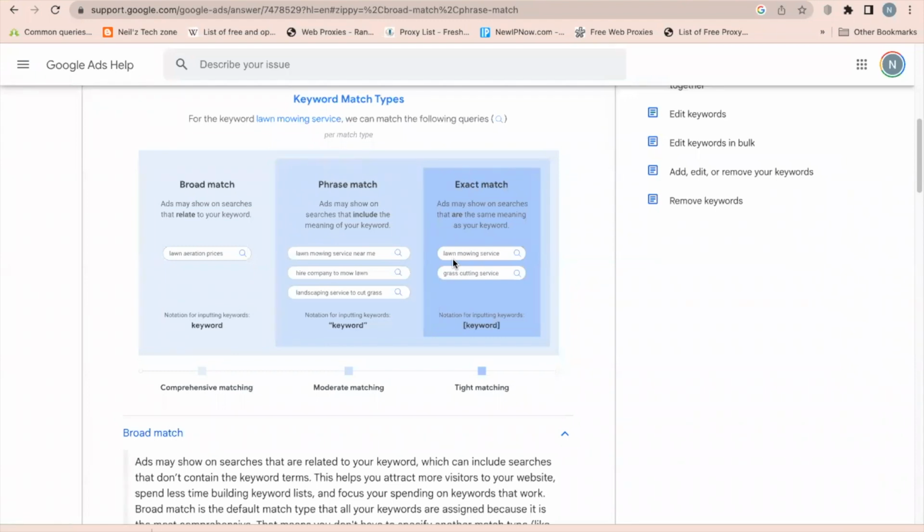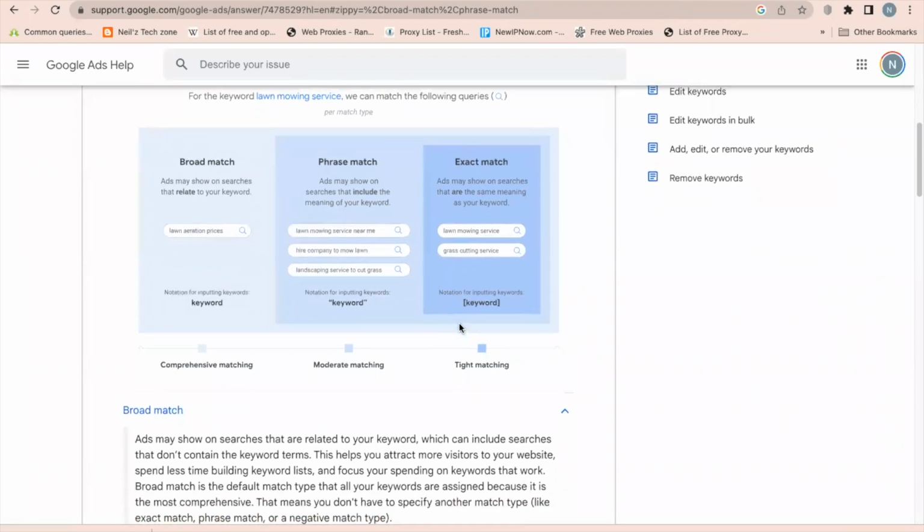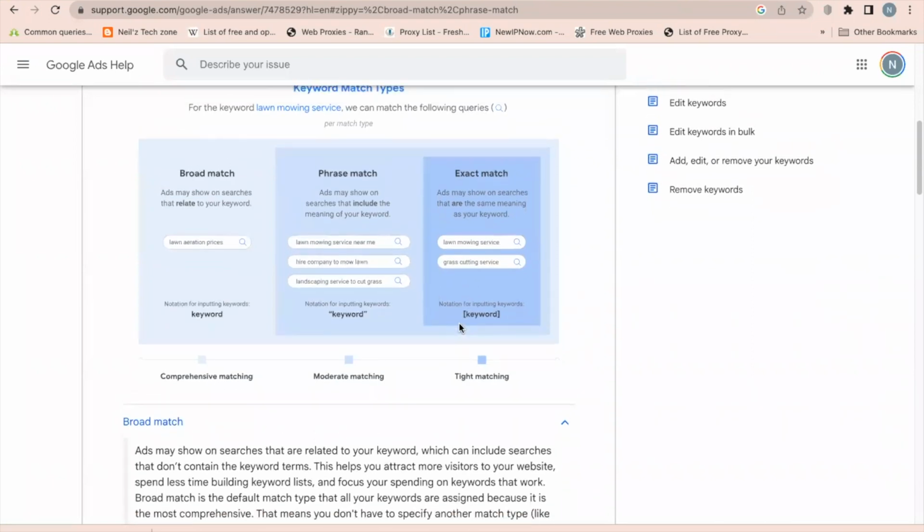In exact match, synonyms and variations are also allowed, but they will be very near to your keyword. So in terms of volume, broad has the highest, phrase has moderate, and exact has the lowest volume. But in terms of relevancy, exact has the most, phrase has moderate, and broad has very loosely matching relevancy.